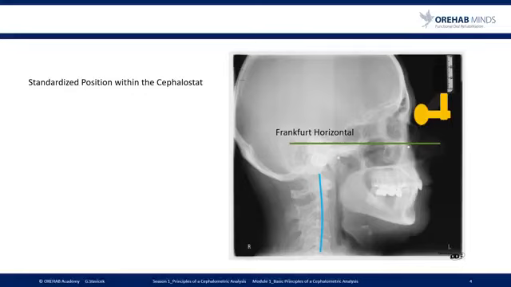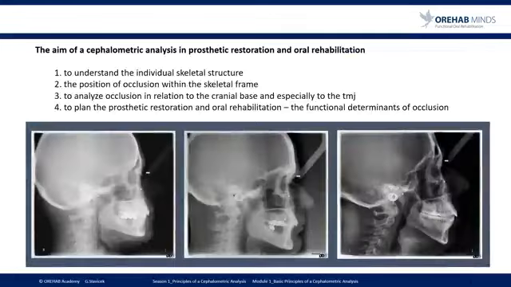And we want to see all the structures needed: the cervical spine, the hyoid bone, mandible and maxilla, the cranial base, external and internal, and most of the skull, including the profile. So it's important to have a good, trained team to make a proper analysis.